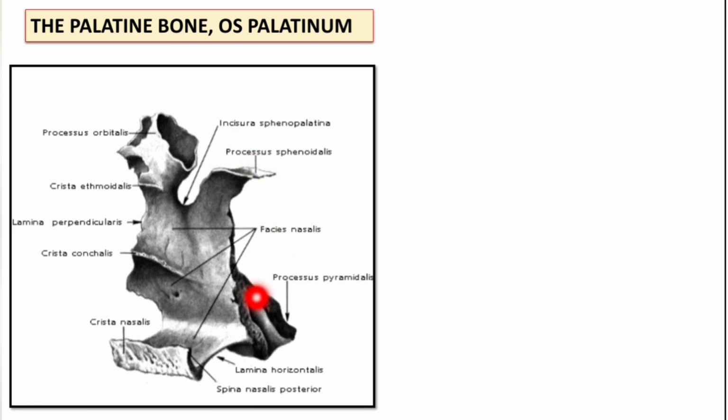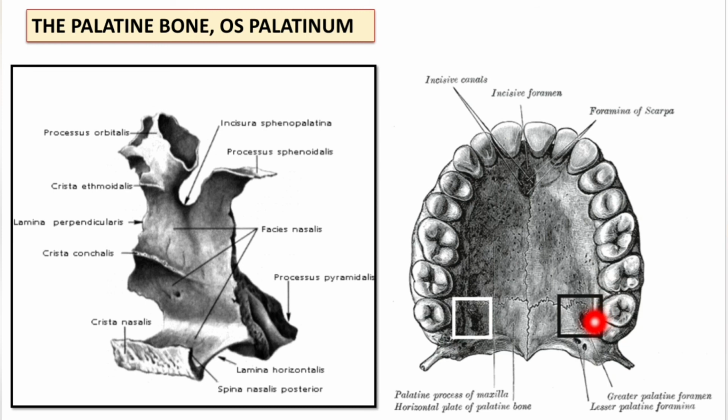And then the other process, pyramidal process, processus pyramidalis, is this one. You can see here is the greater palatine foramen. And outside the square, you can see the lesser palatine foramen.